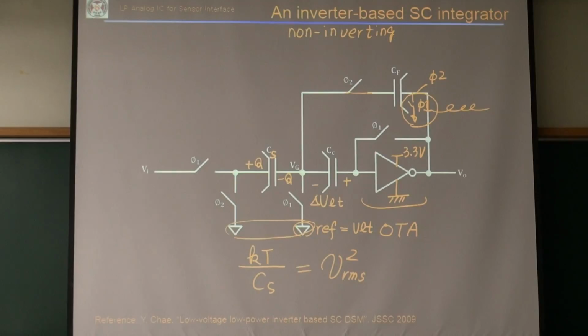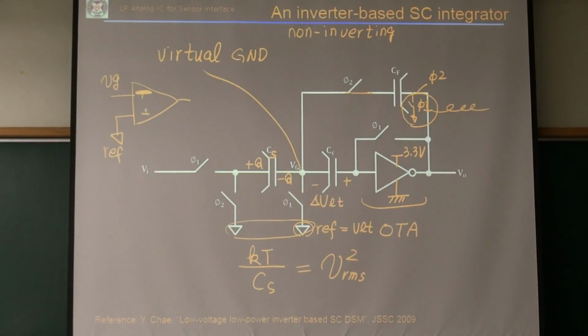So this node is actually a virtual ground. You can see this is like the virtual ground of an op-amp. This is similar to the virtual ground of VG, and this thing is some reference. This inverter works similarly to this OTA conceptually.